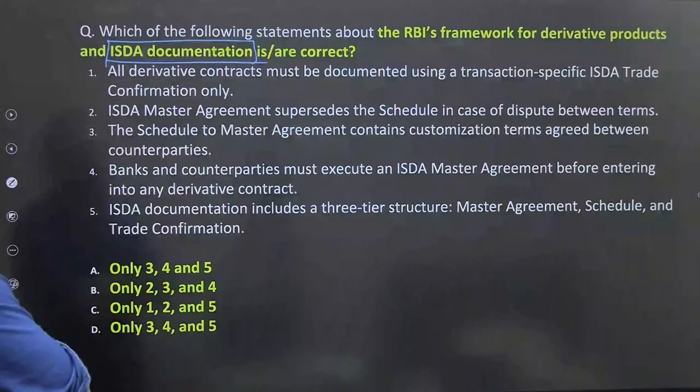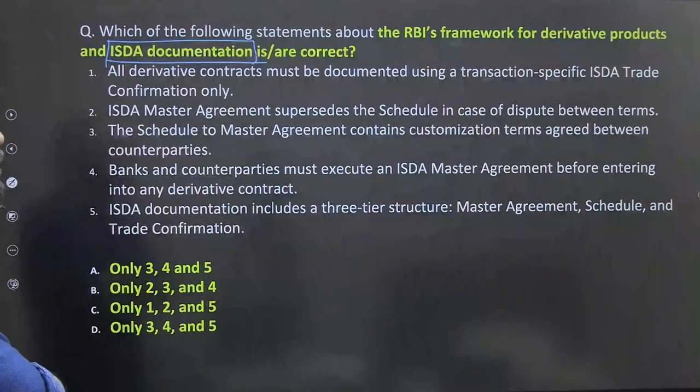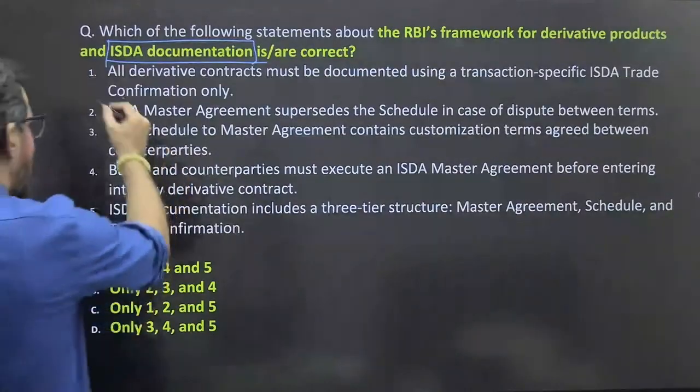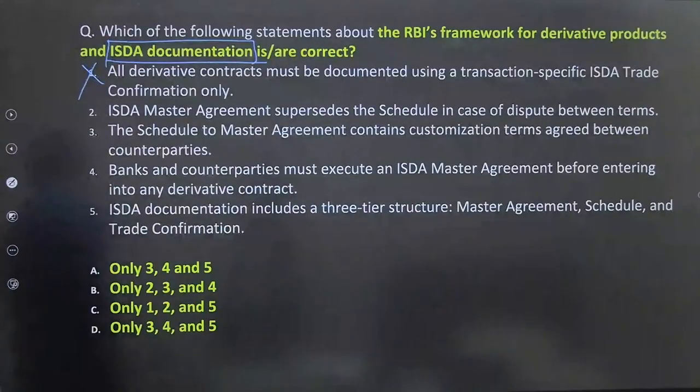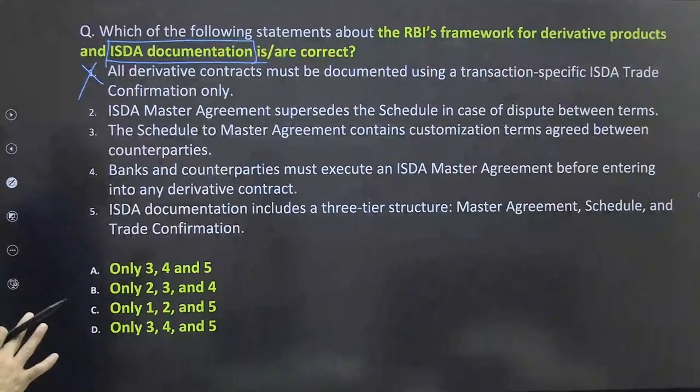So, all derivative contracts must be documented using transaction specific ISDA confirmation only. No, the first statement is wrong. As I told you, we have three major documentations under this one: master agreement, schedule agreements, and trade confirmation.